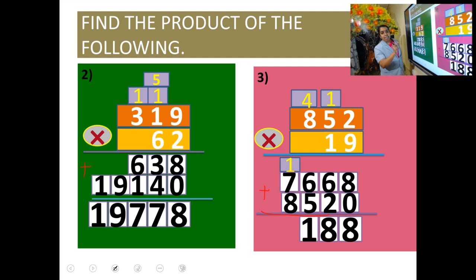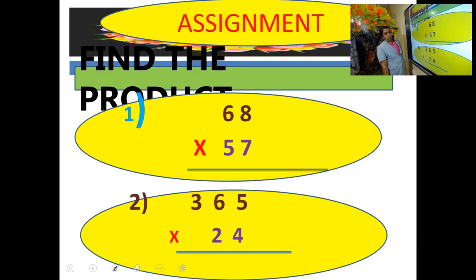So 1 plus 7 is 8. 8 plus 8 is 16. 6 in the thousands place and 1 in the 10,000s place.